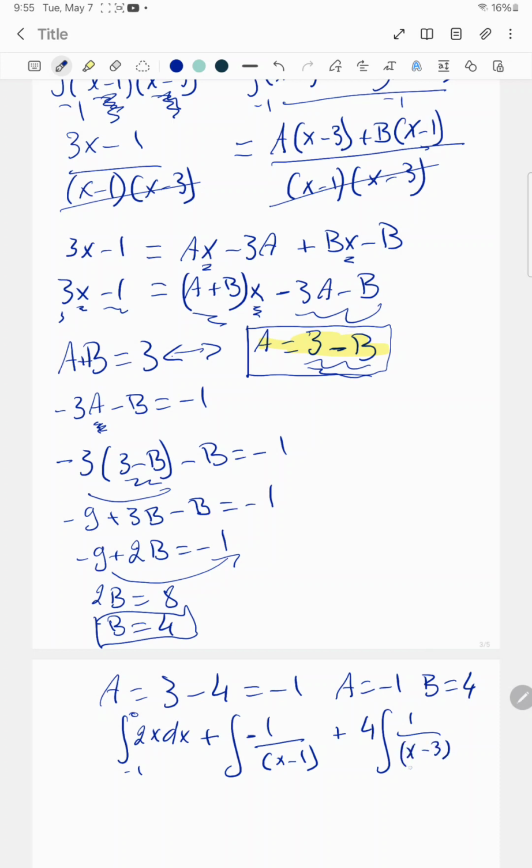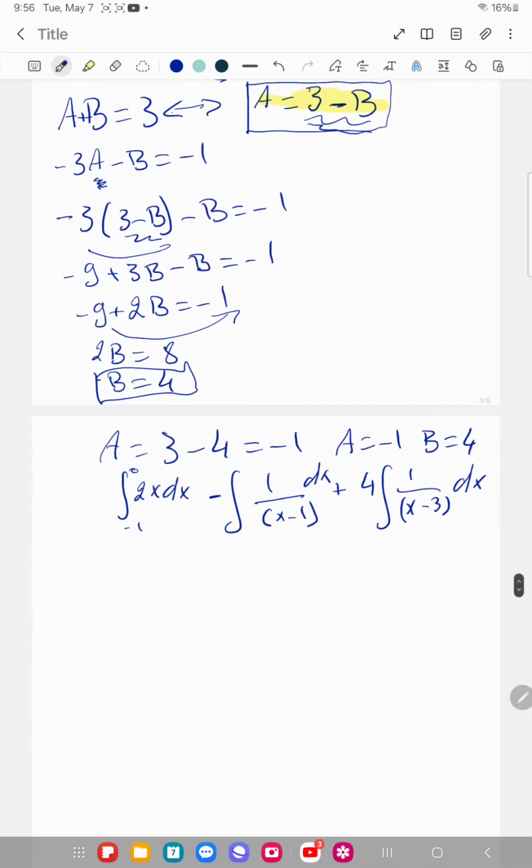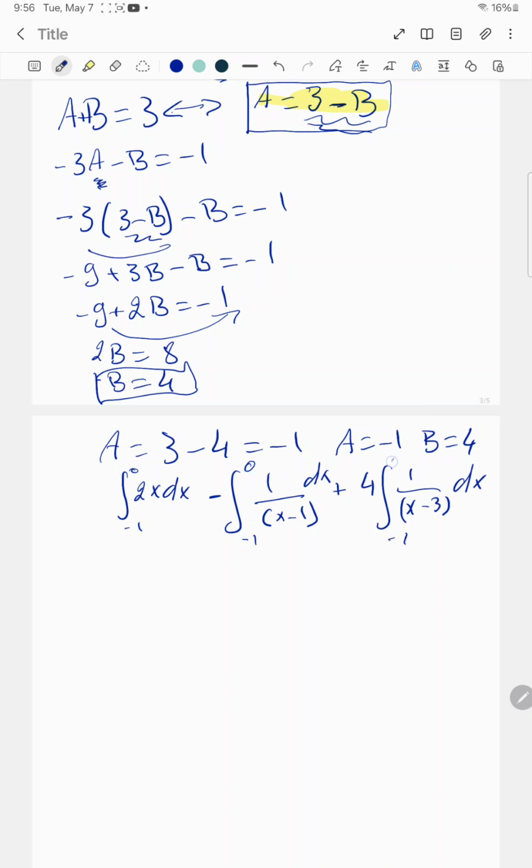And there is dx here and dx there. And this minus 1, I will take it outside my integral, so this plus becomes minus. So let's solve this between minus 1 and 0.